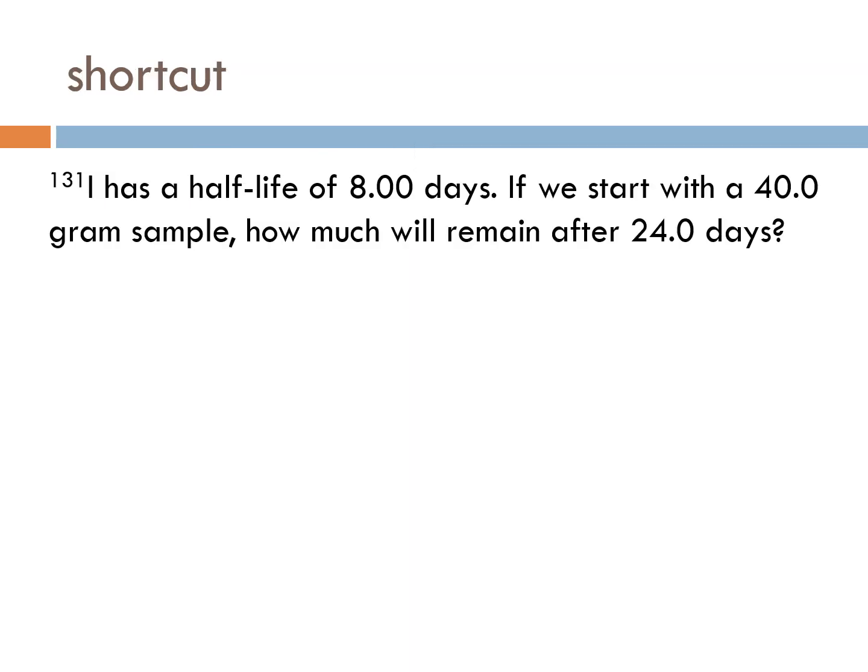Now, you may be lucky and get a problem like this. So you have iodine 131 that's used as a clinical application, used to test the functioning of the thyroid, where most of the iodine in your body is concentrated.